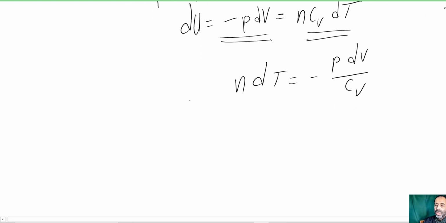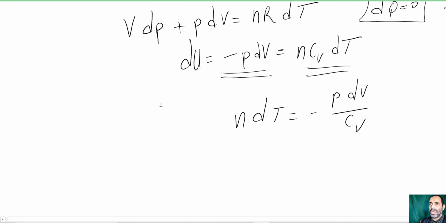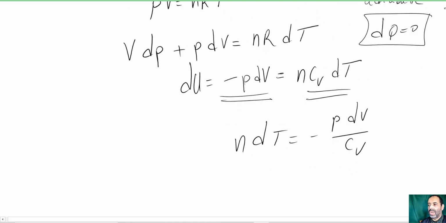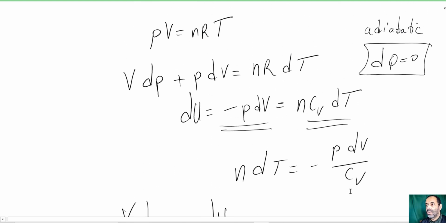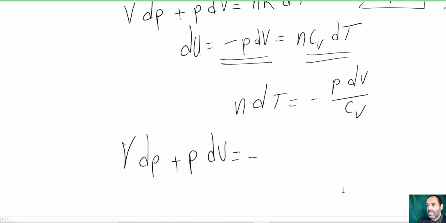So the first side in here, I'm not going to tinker or mess around with. I'm going to leave it as is. So it says V dP plus P dV is equal to nRT. And nRT now is equal to minus PdV over CV times R. So I need to multiply that by R. So it's minus R over CV times P dV.